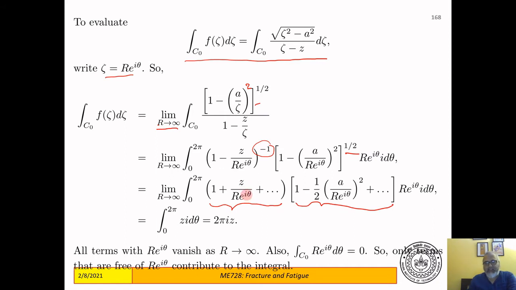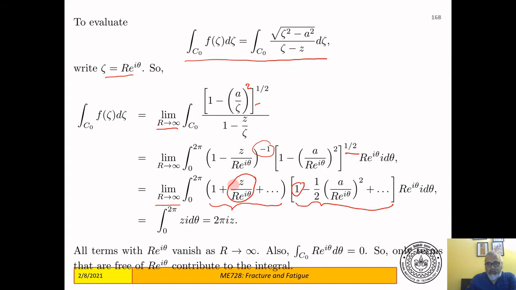Here you will see that there's only one term which comes from multiplication of this with this that will not have r e to the power i theta in it. All other terms will have r e to the power i theta in the denominator. So only this one term will contribute to this integral when r tends to infinity. All other terms that have r in the denominator will vanish as r tends to infinity.